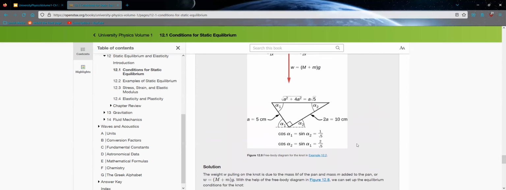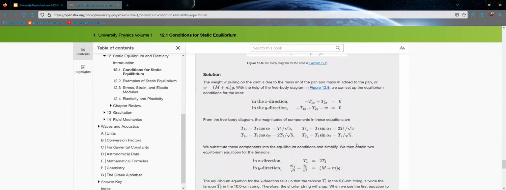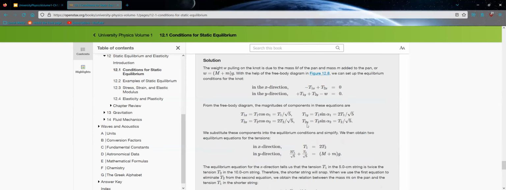And then when we remember that everything's a triangle, we can substitute T1x, T2x, T1y, T2y for descriptors based solely on tension and that x and y component, which is what's giving us the T1 over square root of 5 or the 2T2 over square root of 5, again based off Pythagoras' theorem.